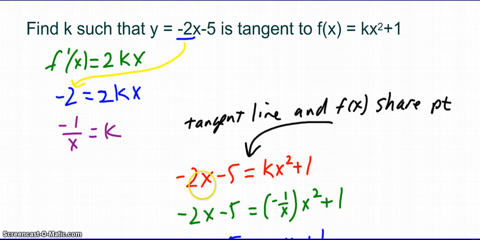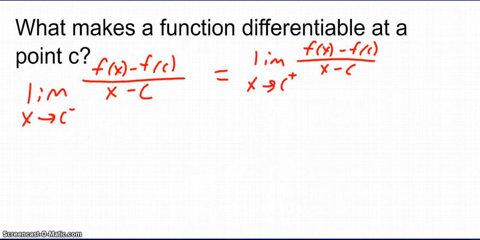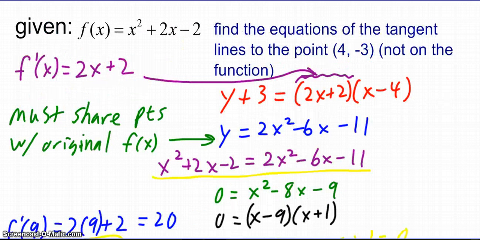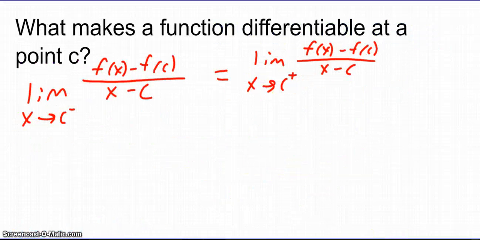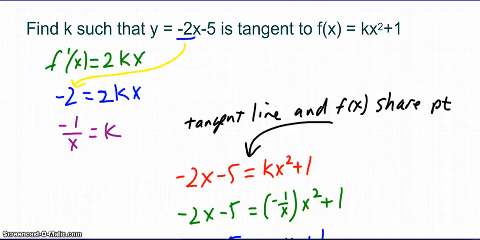Now I set the equation of the tangent line, negative 2x minus 5, equal to the equation of the function, kx squared plus 1. The reason why I'm doing this is the same reason that I did this two examples ago, where I know the function and the tangent line have to share a point because they intersect at one point.